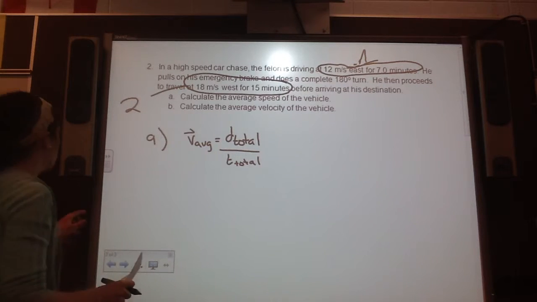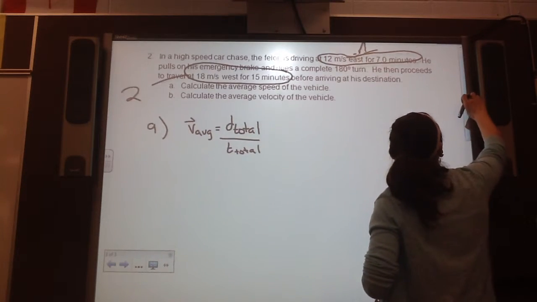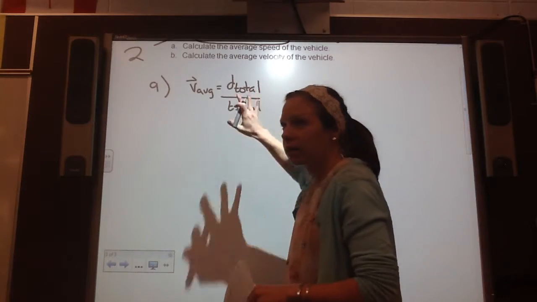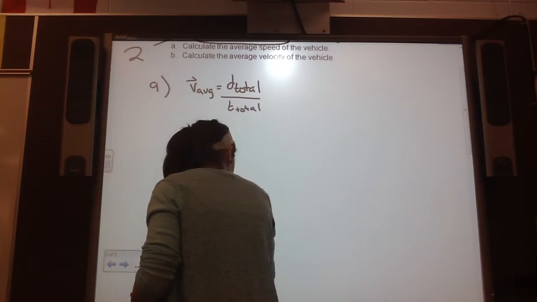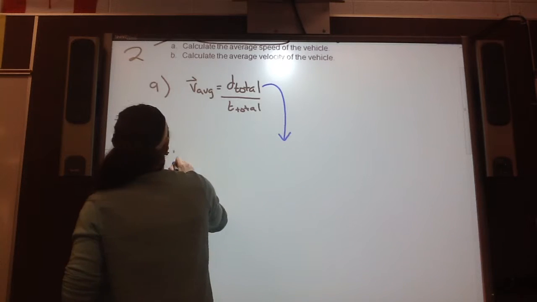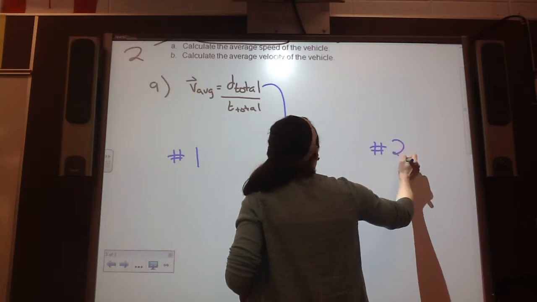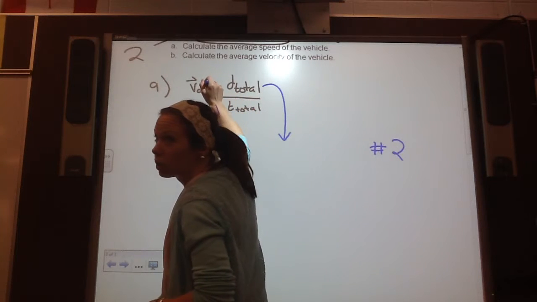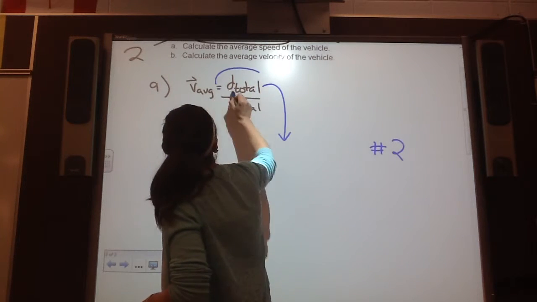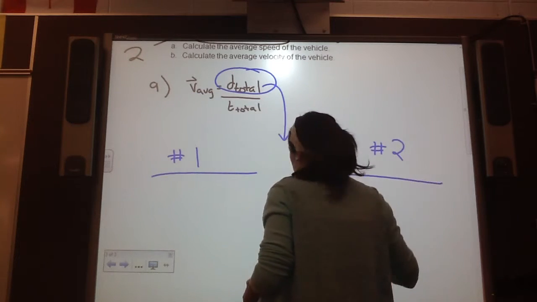So to find D total, I have to solve for number 1 and number 2 before I can even use this equation.